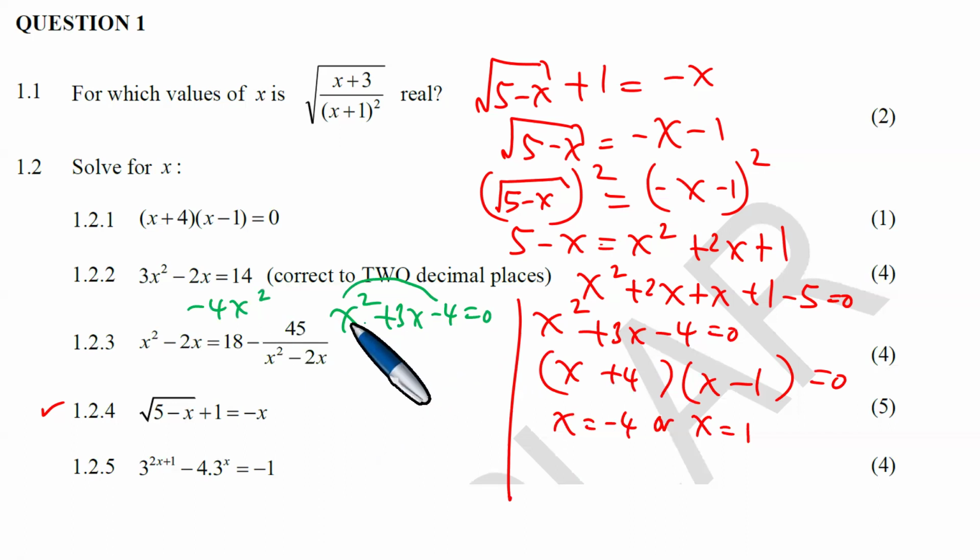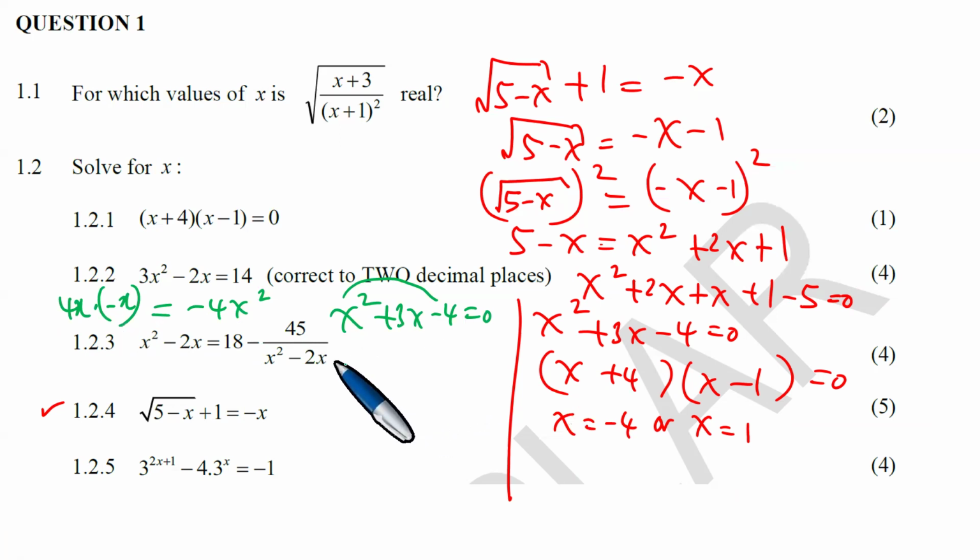Then we look for the factors of minus 4x squared that give plus 3x. And those factors are precisely 4x together with minus x, because 4x times minus x gives us minus 4x squared. Yet, if you add these for the middle term, 4x minus x will give us 3x.